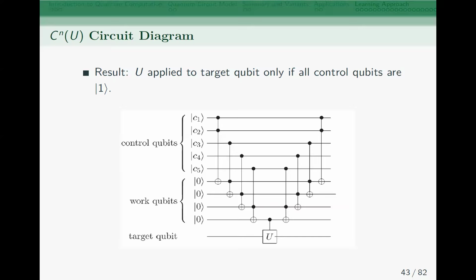If these are 1, then these are 1, then this will be 1, then all the 1s will pass into the final gate. So what I'm saying is that this guy is 1 if and only if all 5 are 1. If there is a single C which is not 1, then there must be some working qubit which is not 1.